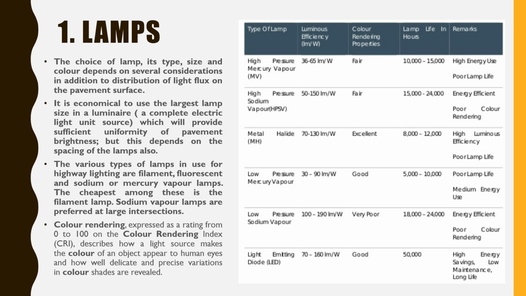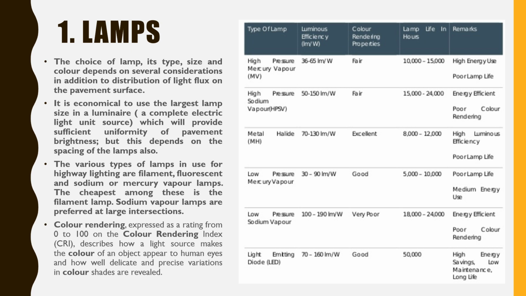Lamp life in hours: you can see the highest lamp life is 50,000 hours, and it is of the light emitting diode. And in the last column are the remarks. For example, for high pressure mercury vapor lamp, it is high energy use but poor lamp life.